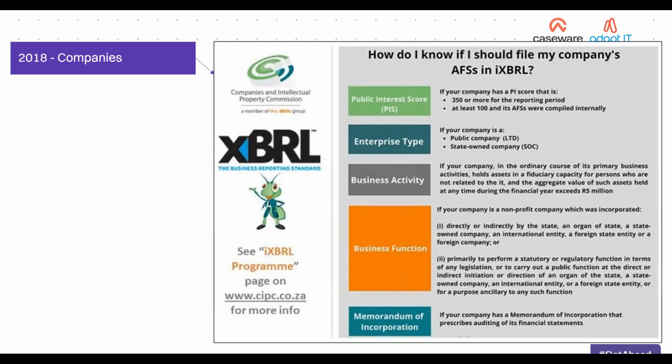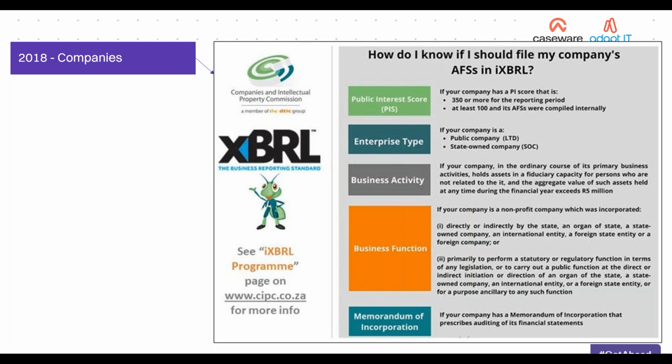If we look at the requirements, firstly for companies, which came through in 2018, there are certain requirements for when you need to submit XBRL. If you have a PI score that's more than 350, or if it's internally compiled, then it must be at least 100. If it is a public company or a state-owned company, you have to, and you can read through the rest.